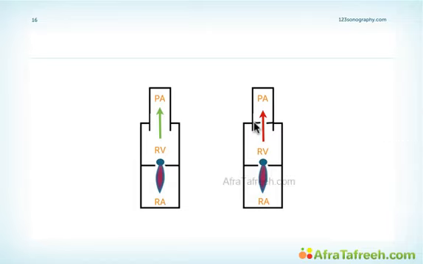If we have an additional gradient between the right ventricle and the pulmonary artery, then the gradient we calculate between the right ventricle and the right atrium does not correspond anymore to the pulmonary artery pressure. The pulmonary artery pressure will obviously be lower. And this was exactly the case in the 2 examples you saw previously. One patient had obstruction in the RVOT, and the other patient had valvular stenosis of the pulmonary valve.